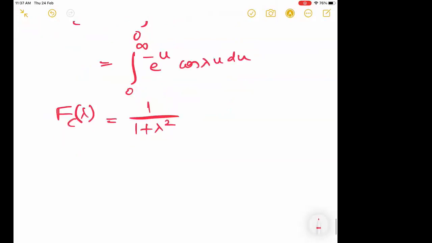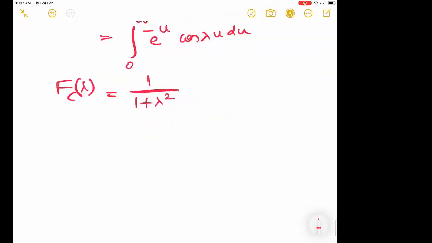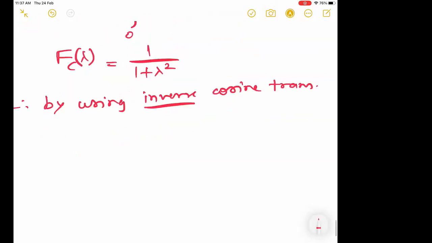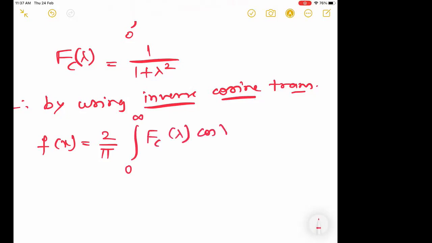Okay. So once you get the Fourier cosine transform, now let us take the inverse cosine transform. Therefore, by using the inverse cosine transform formula, what is the formula? f(x) is equal to 2 upon pi integral 0 to infinity of this Fc(lambda) answer multiplied by cos lambda x d lambda.